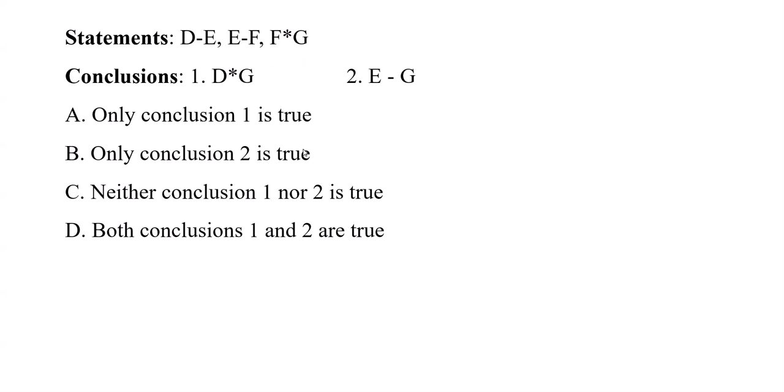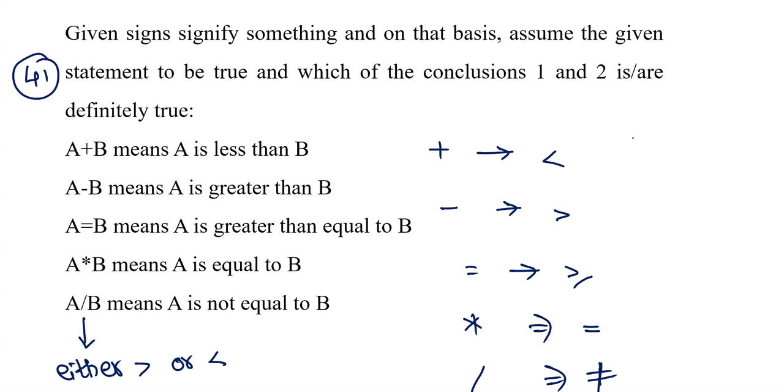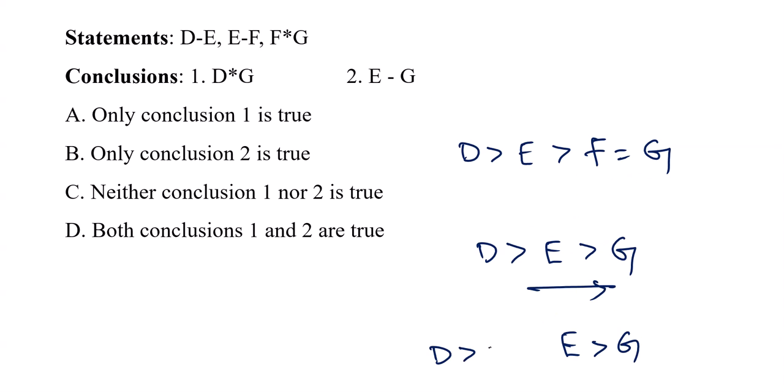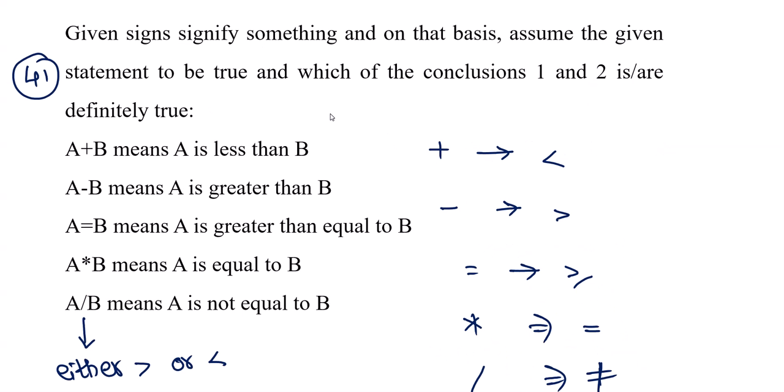So no problem. So minus means greater, D greater than E. Next E greater than F. Star means equal. Right. Now between D and G, I can ignore F. F equal to G. In place of F, I can put G only. Now between E and G, I want E greater than G. Between D and G, greater symbol is there. D greater than G. So result should be D greater than G, E greater than G. What is star meaning?